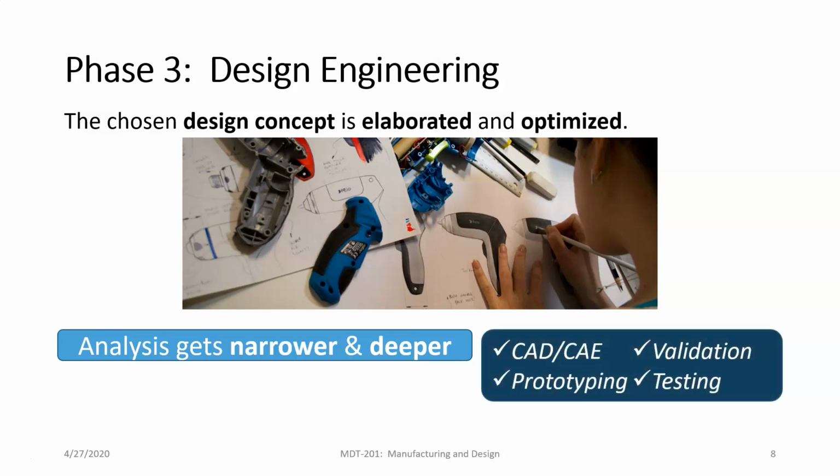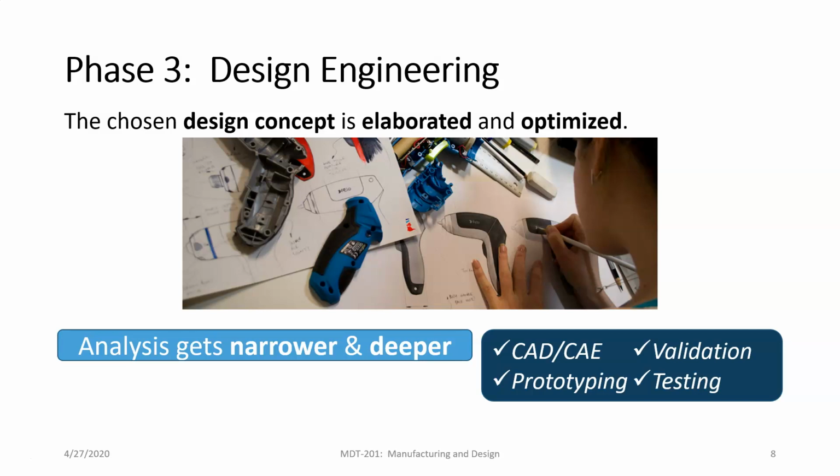This can include CAD and CAE, computer aided engineering. This is your simulation, your animations, your kinematics, all that kind of stuff. Prototyping basically means making test parts or test assemblies to see how everything functions.